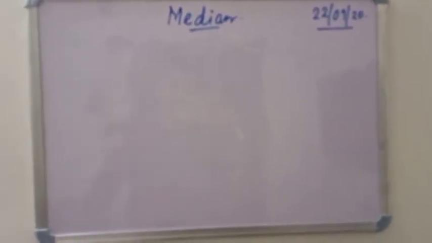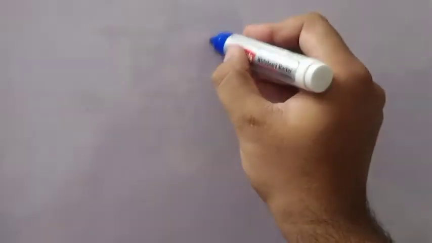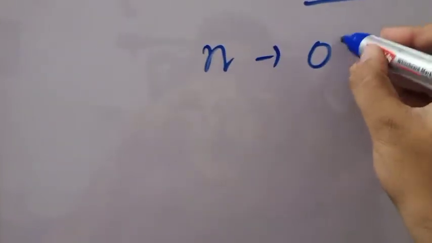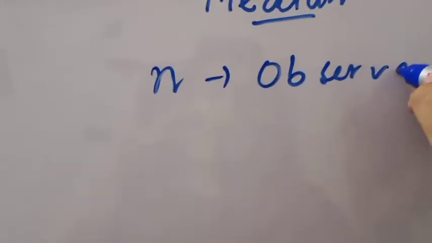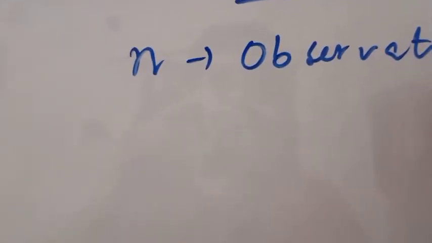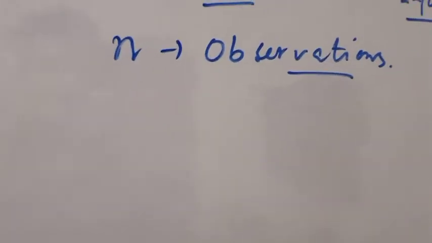If after writing in ascending or descending order you get n observations, so the number of observations is n.